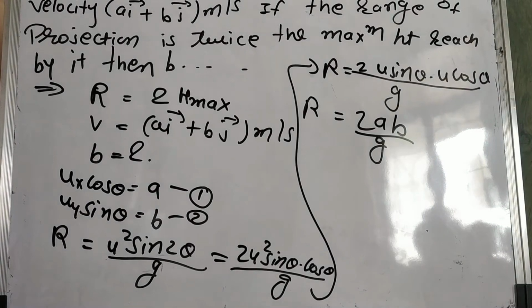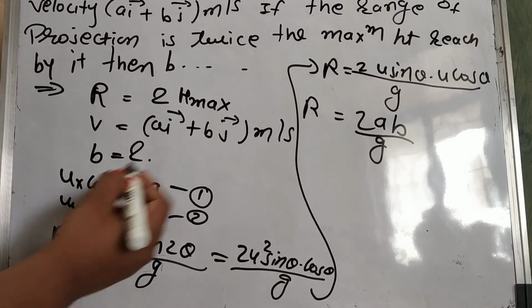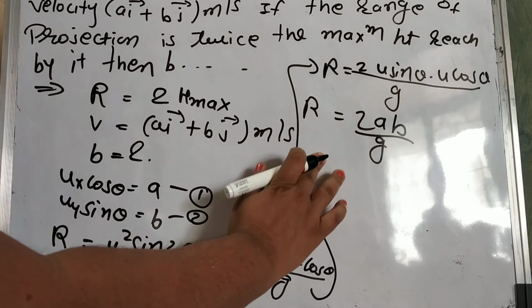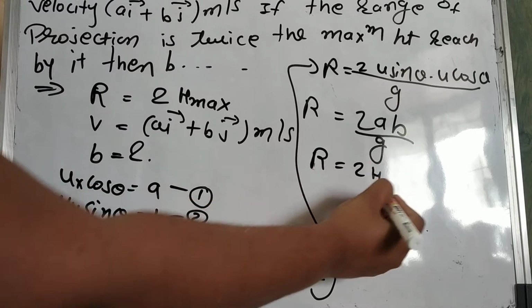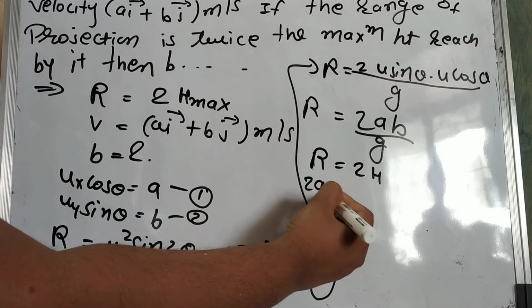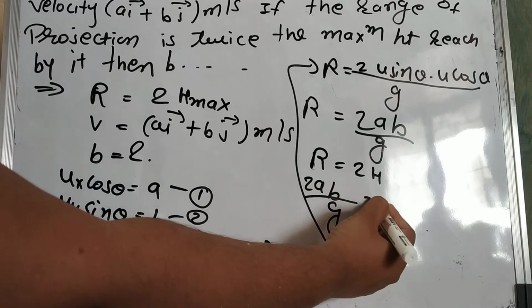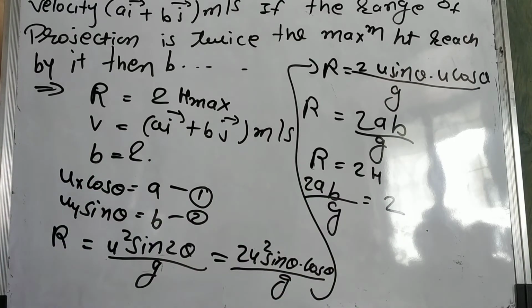So R is equal to 2ab divided by g, and the given relation is R is equal to 2 H max. Okay, R is equal to 2H, so 2ab divided by g is equal to 2 times H.